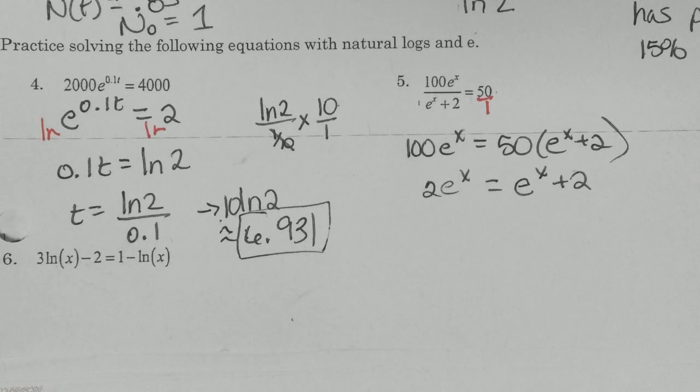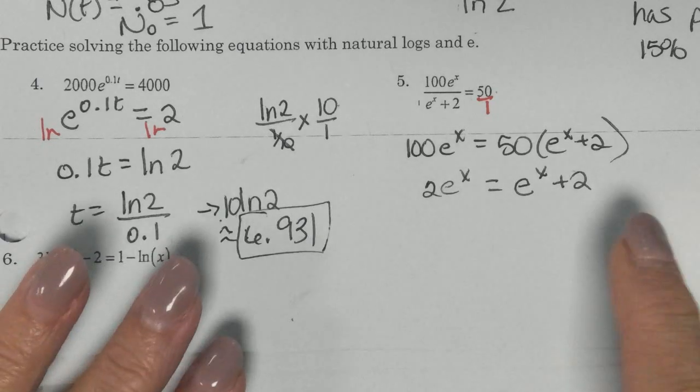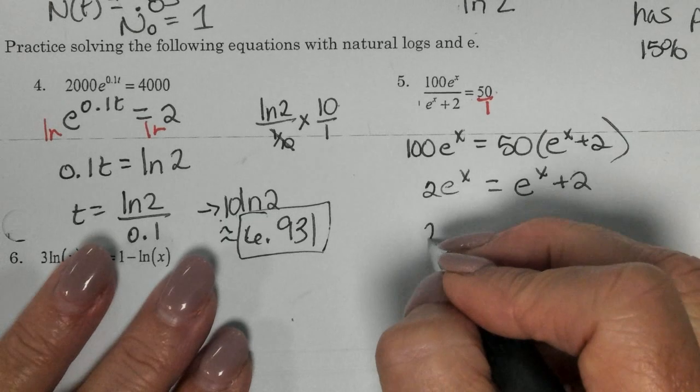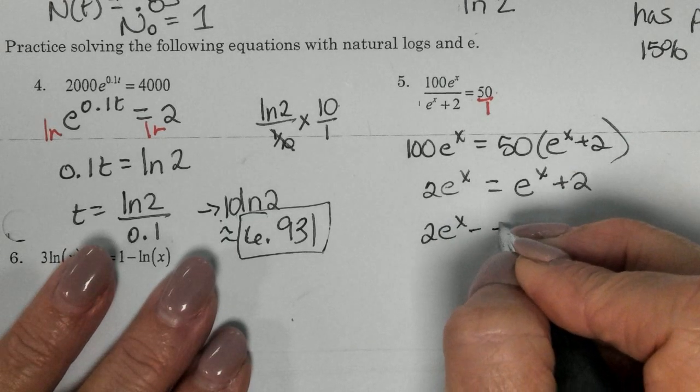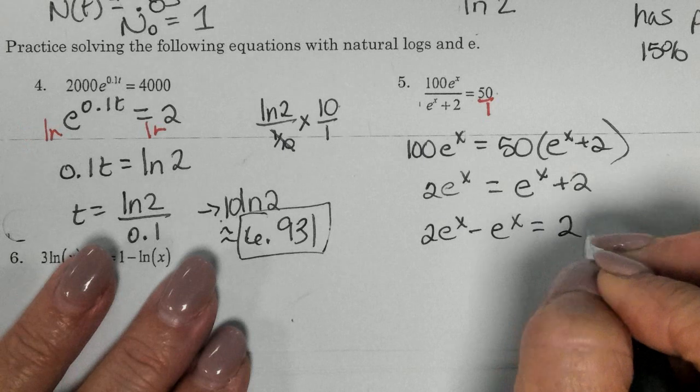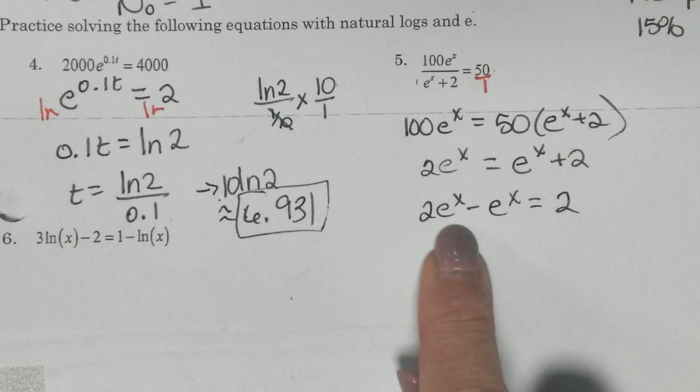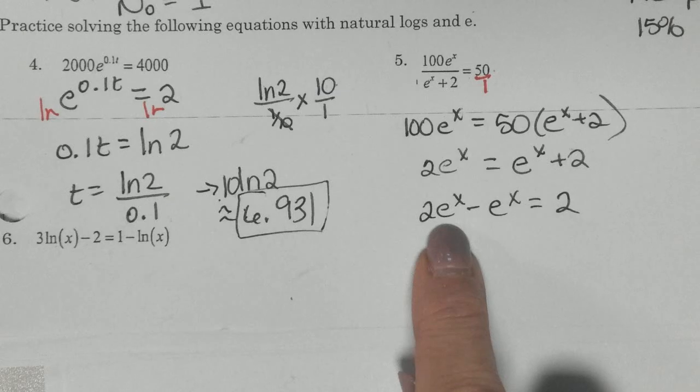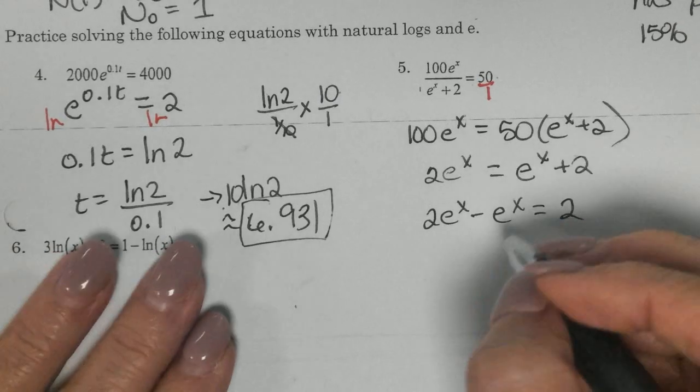What would y'all do next? Exactly. You can subtract e to the x from 2e to the x. What would you end up with? 2e^x minus e^x equals e^x plus 2 minus e^x.